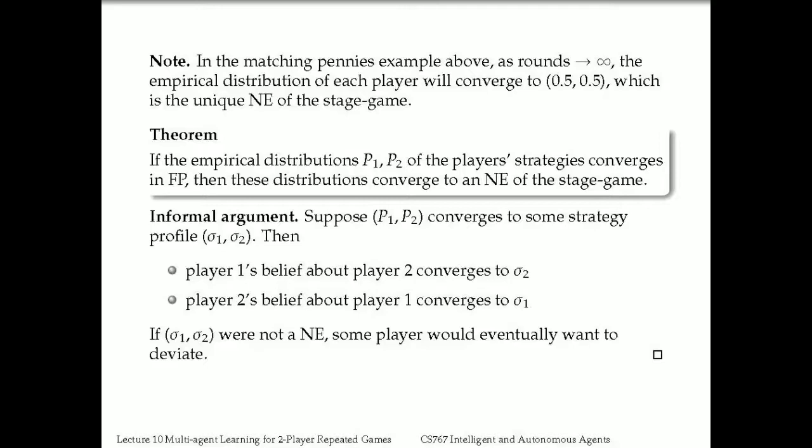Right. So the next theorem says exactly this: if the empirical distribution P1, P2 of players' strategies converges in fictitious self-play, then these distributions converge to a Nash equilibrium of the stage game. So far everything has been good.